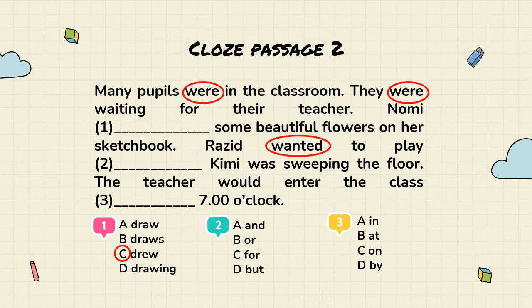And what is the conjunction for contrast? The answer is but. So Razit wanted to play, but Kimi was sweeping the floor. And the last one we have, the teacher would enter the class blank 7 o'clock. So we are talking about the time. If we talk about the time, the answer would be at.